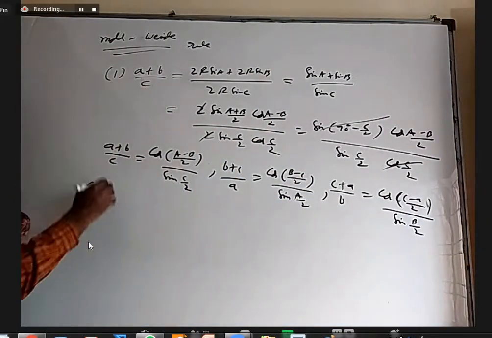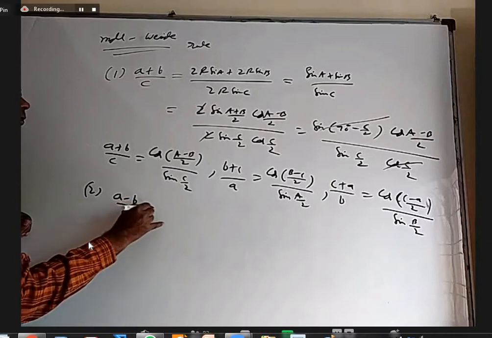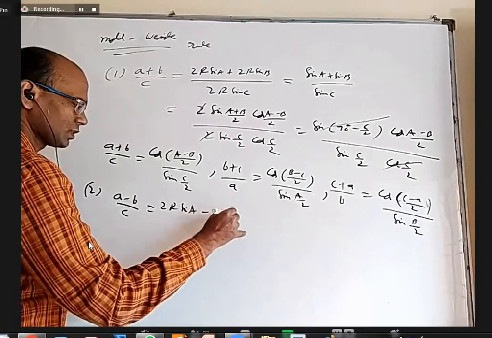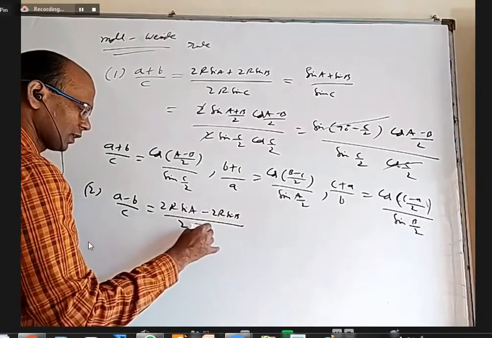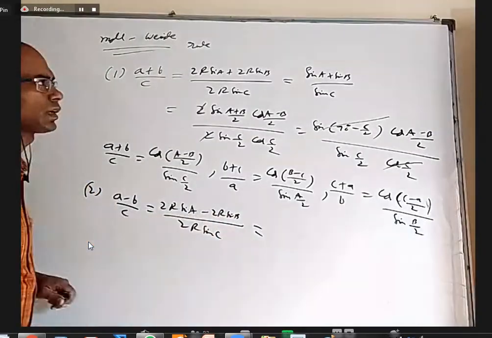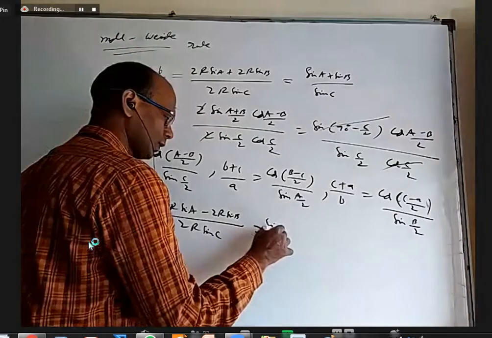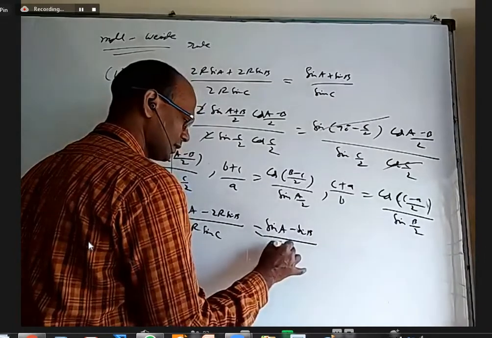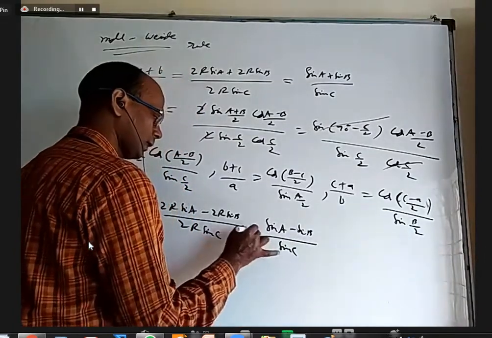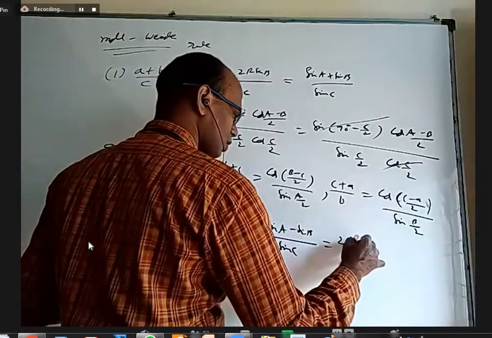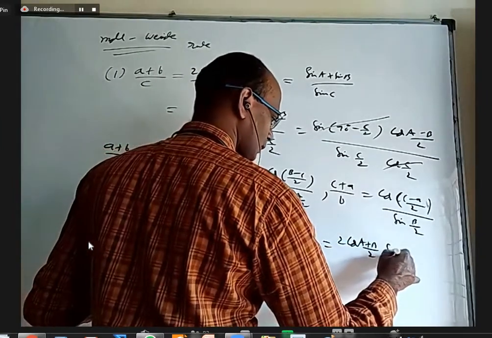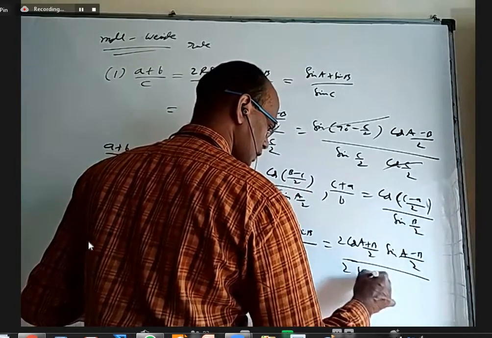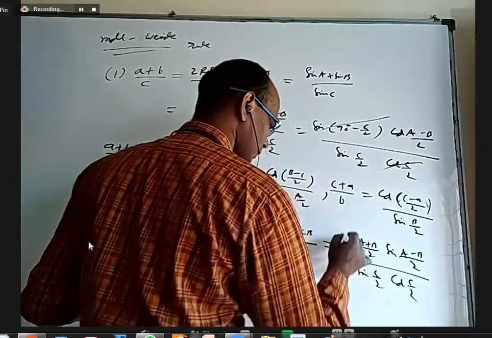Almost similar. If I take (a minus b) by c and again apply the sine rule, I'll get (2R sine A minus 2R sine B) by 2R sine C. I can cancel 2R everywhere, giving (sine A minus sine B) by sine C. This is 2 cos (A plus B)/2 sine (A minus B)/2 by 2 sine C/2 cos C/2.